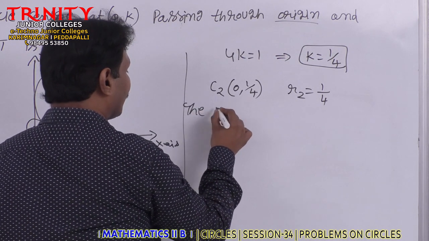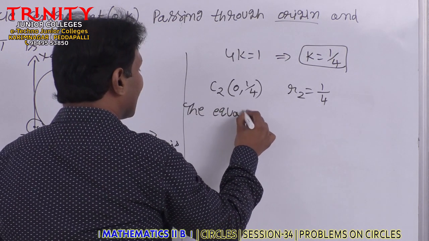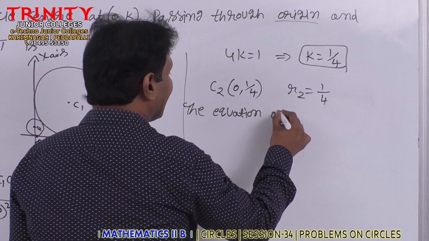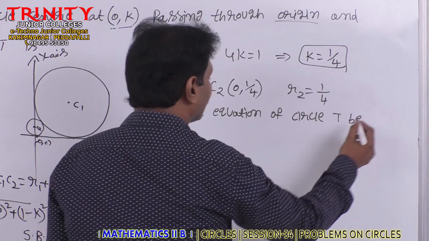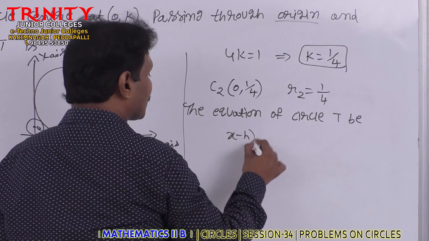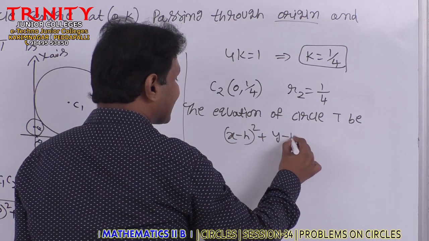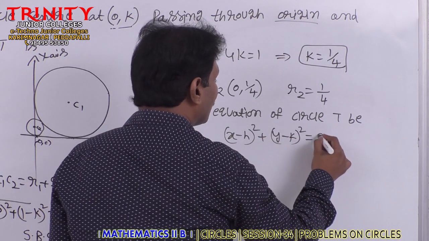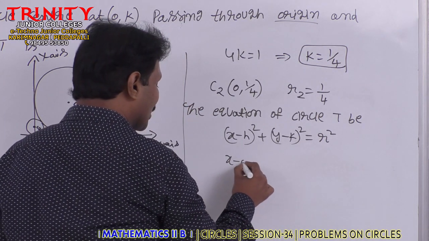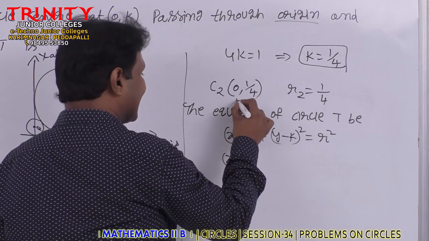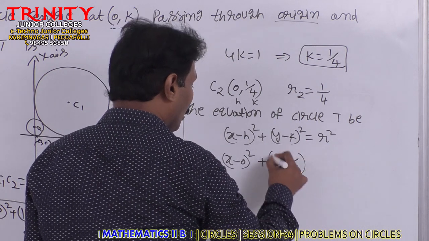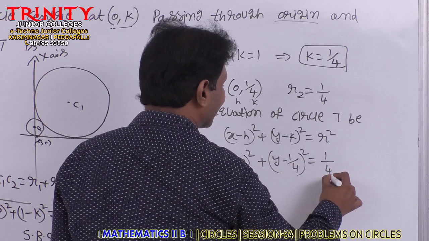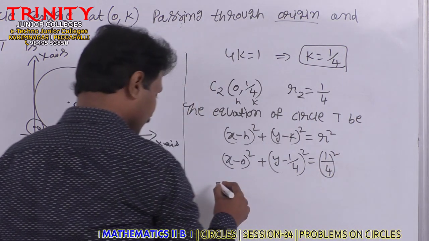Therefore, the equation of circle T is (x minus h) whole squared plus (y minus k) whole squared equals r squared. Here (x minus 0) whole squared, where this is (h, k), plus (y minus 1 by 4) whole squared equals the radius (1 by 4) whole squared.